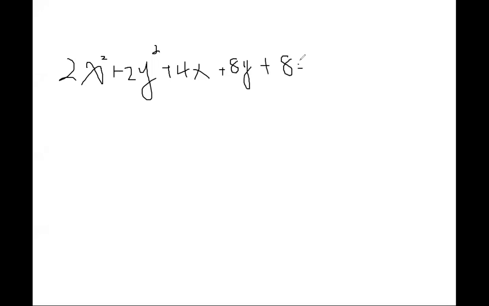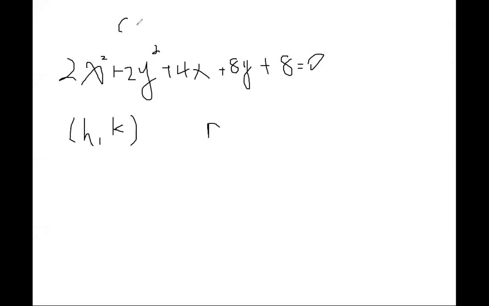Okay, so now you have an equation: 2x squared plus 2y squared plus 4x plus 8y plus 8 equals 0. I want you to find what is the center and what is the radius.